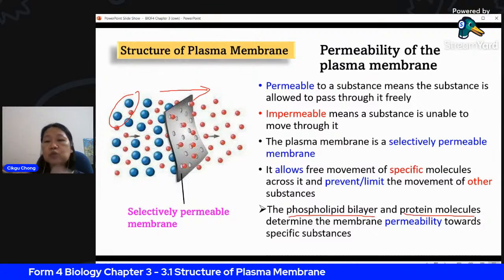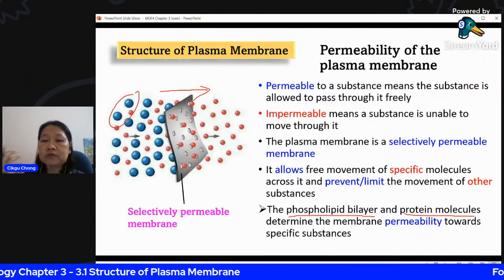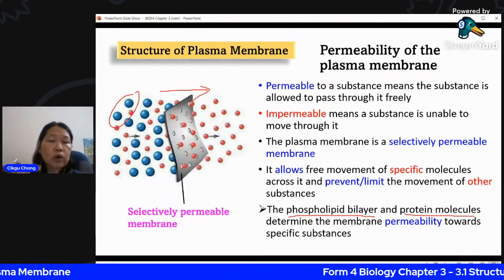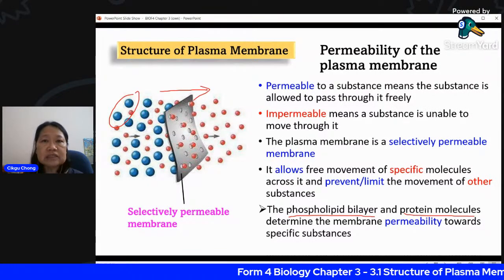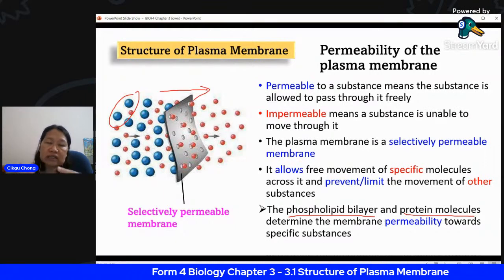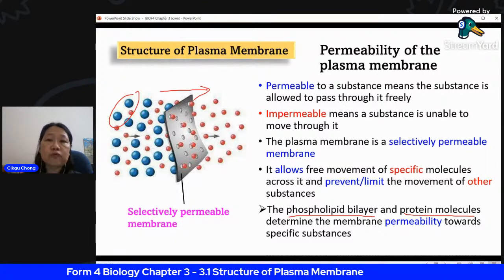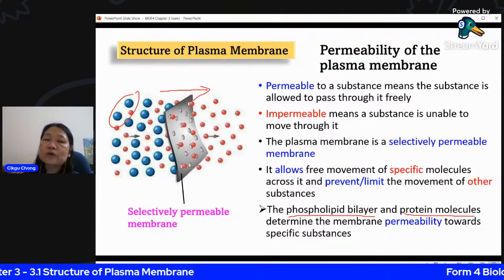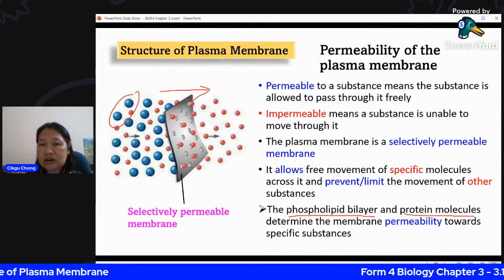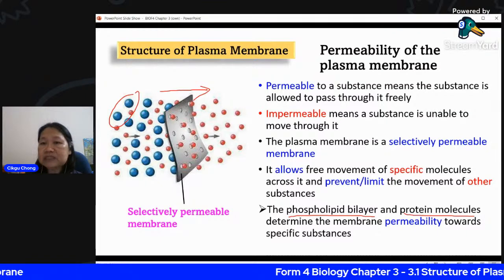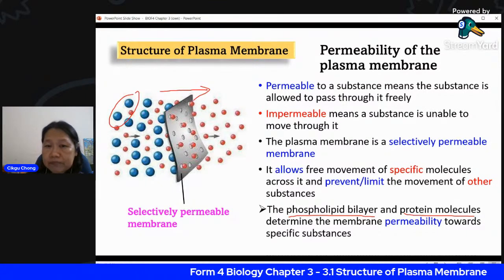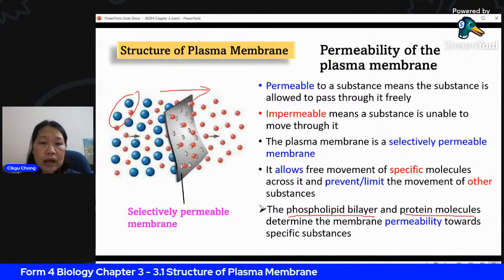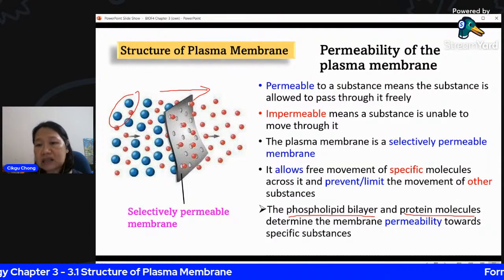This controls what can pass through and what cannot, and determines what the cell needs and what the cell needs to move out or throw away. So you need to remember the definition of selectively permeable membrane: allowing certain molecules to pass through while limiting or preventing other molecules.